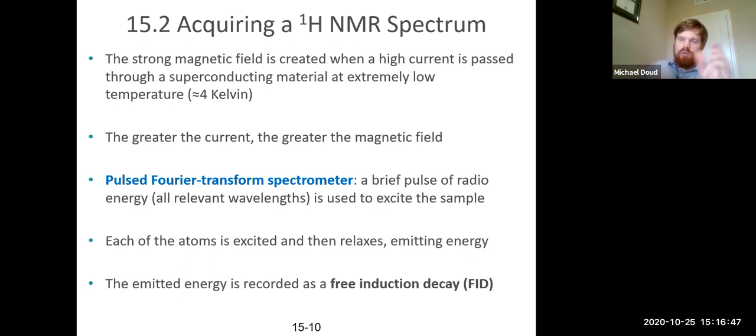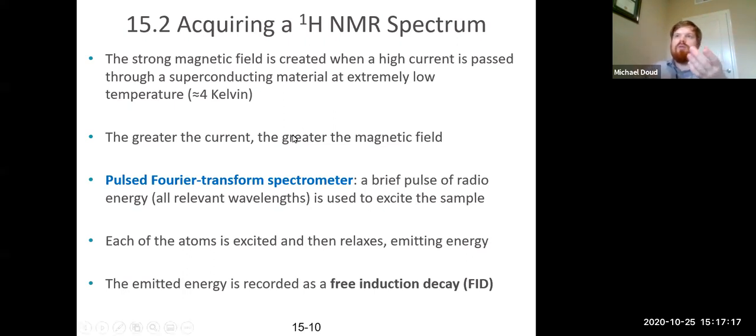You can just pulse the sample with all of the radio wavelengths that you need. That excites the sample, and then you can read on a detector the signal, the wave pattern, how that excitation decays. IR does the same thing, where you just pulse it once with all of them, and then you use what's called a Fourier transform to tease out the individual signals.